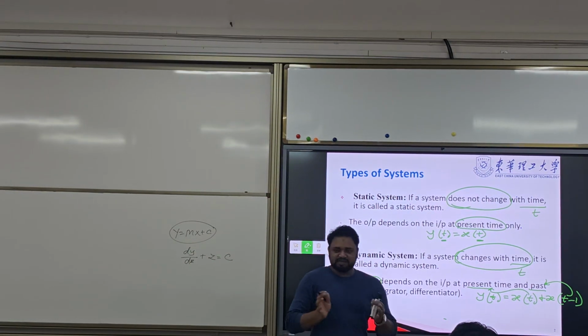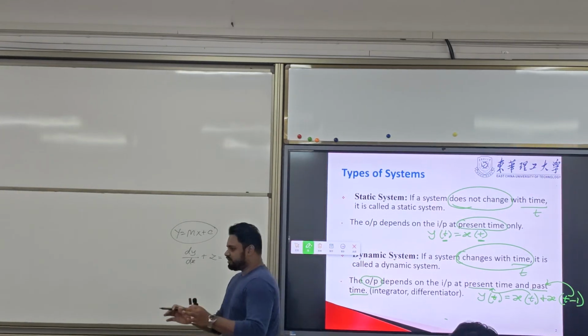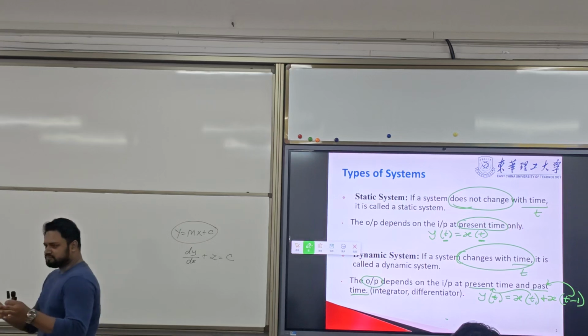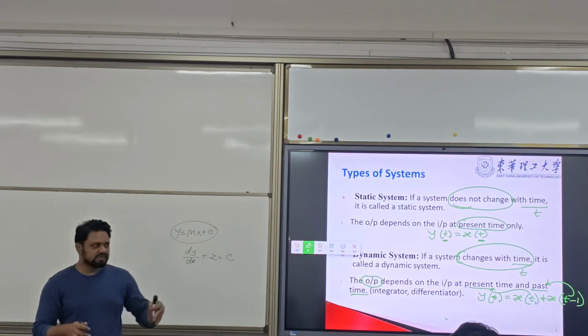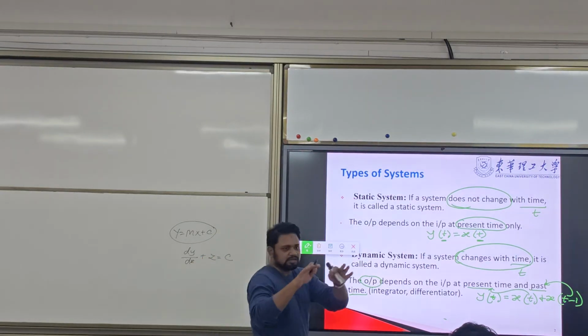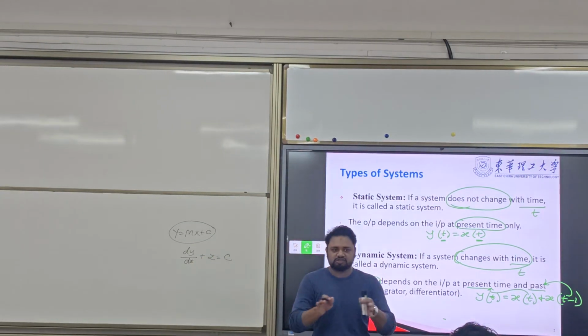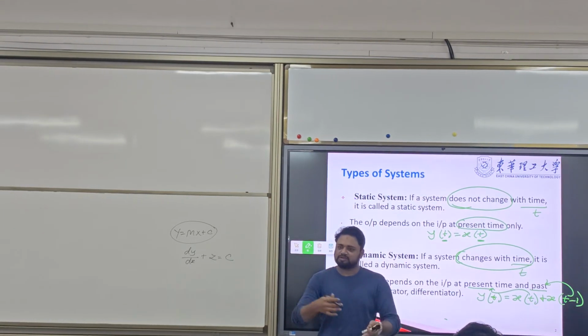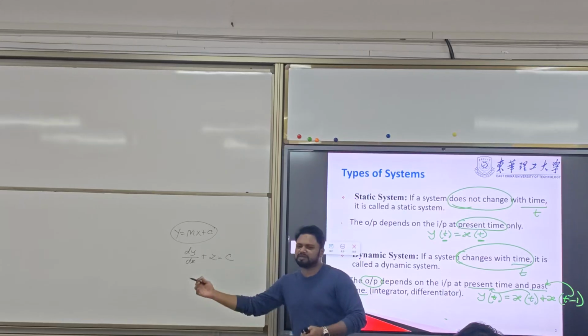Practically, in the practical world, we don't have static systems. All the systems are dynamic. Suppose you consider the weather, or the room temperature in this classroom. It is dynamic, it changes over time. In the morning there is one temperature, now it is another, and in the evening there will be another.